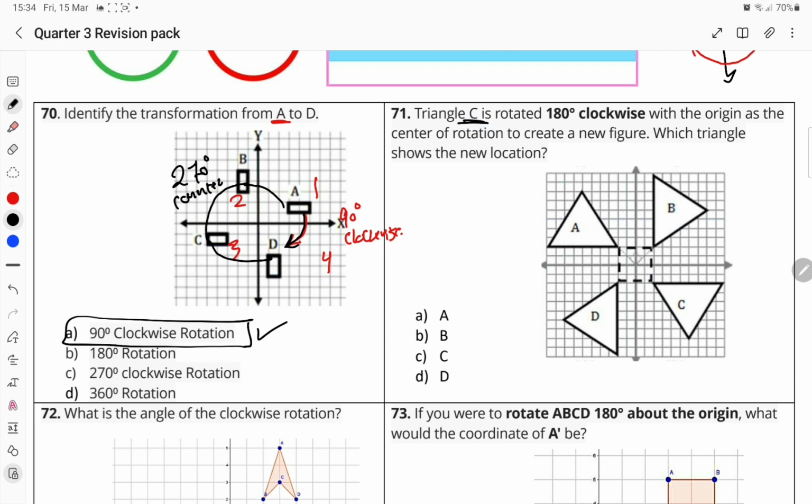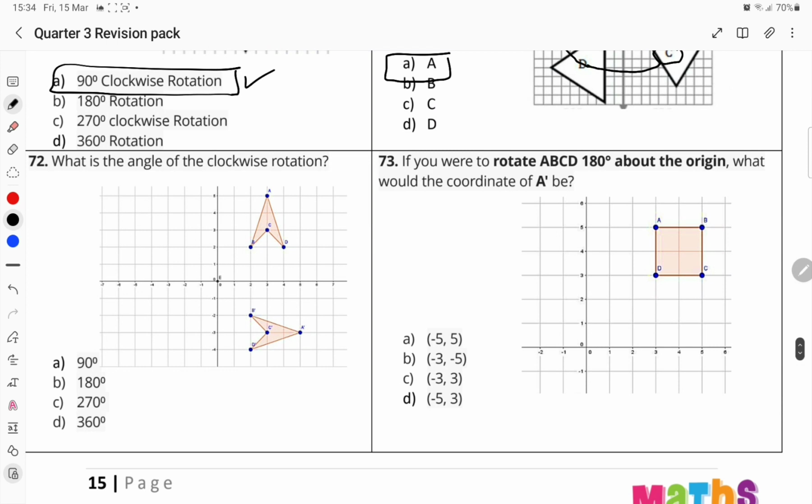Triangle C is rotated 180 clockwise. Here's triangle C, and it rotated 180 clockwise. So 90, 180, where it becomes A. Very good. What is the angle of the clockwise rotation? How did it rotate? It was here at A. When I rotated 90 degrees clockwise, what happens to it?